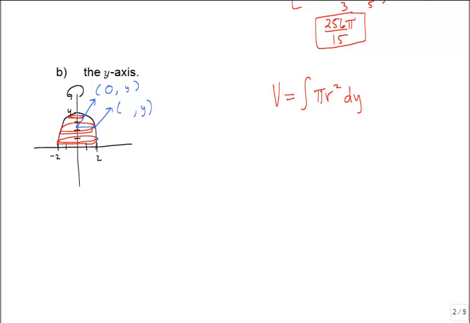The x value of this point is going to vary depending on where I am on this curve. What all these side points share in common is that they all lie on that curve, y equals 4 minus x squared. Now in the last example, we could just use this formula because it was already in terms of x's. But we want to know what x is in terms of y because this is a dy integral. So that means we're going to need to solve this for x. What I could do is add the x squared over to the left side and subtract the y.